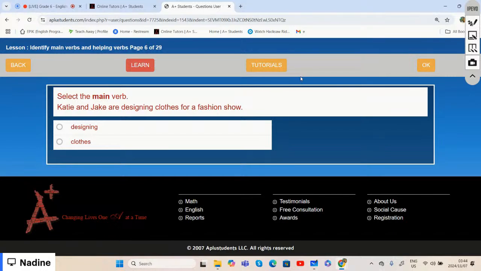And if we were to select the main verb, is it option 1, designing, or option 2, clothes?